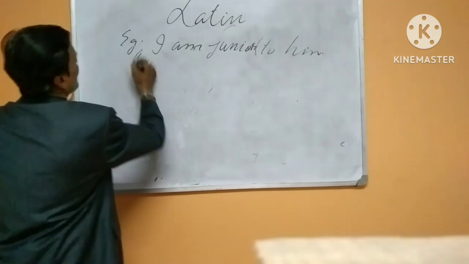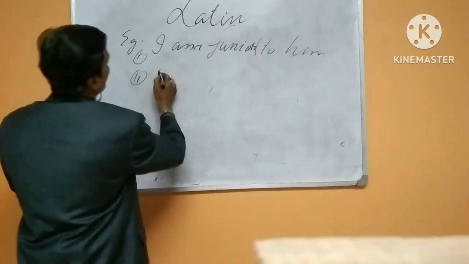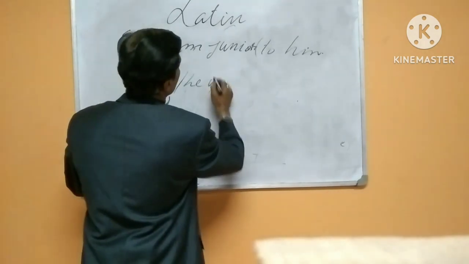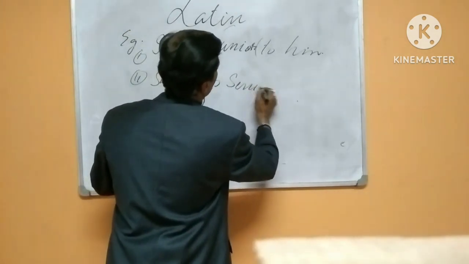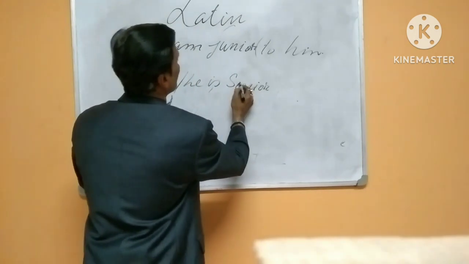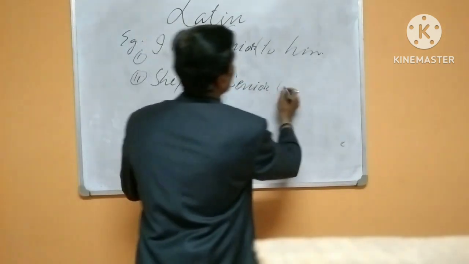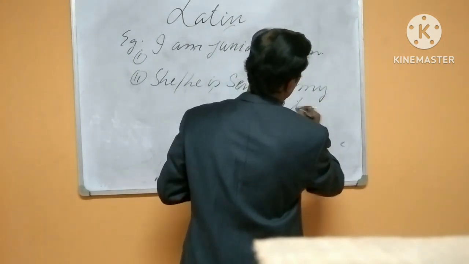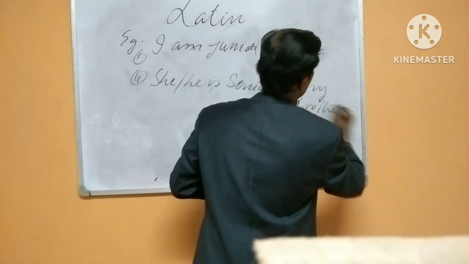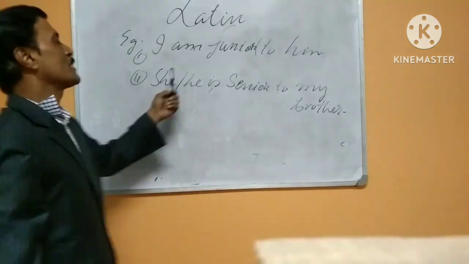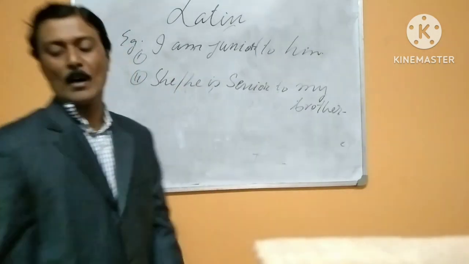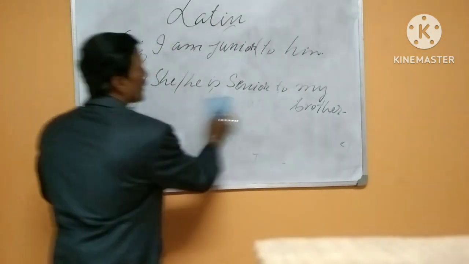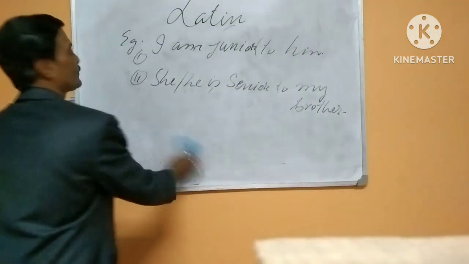Number two: she or he is senior to my brother. Maybe say Kamal is junior to Amal. Kamal is junior to Amal. More examples also here.